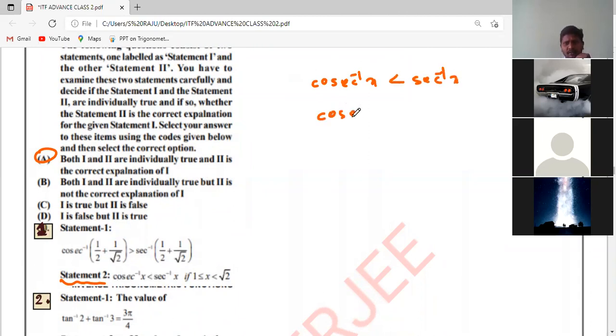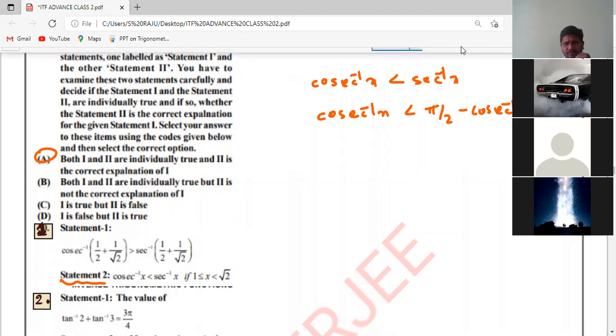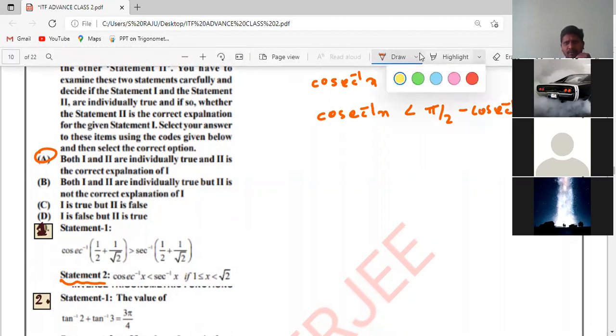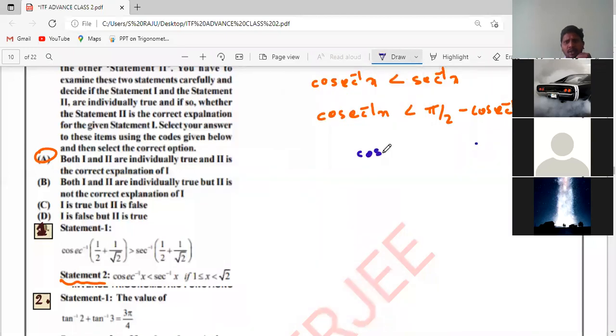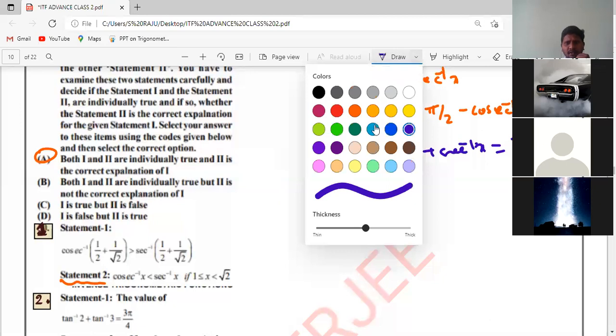Shall I write secant inverse of x as pi by 2 minus cosecant inverse of x? Yes or no? Since the property is: cosecant inverse x plus secant inverse of x is equal to pi by 2. With the help of this property, we can write.